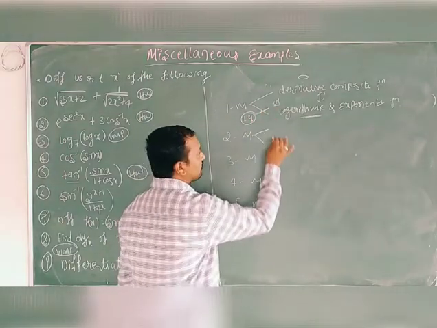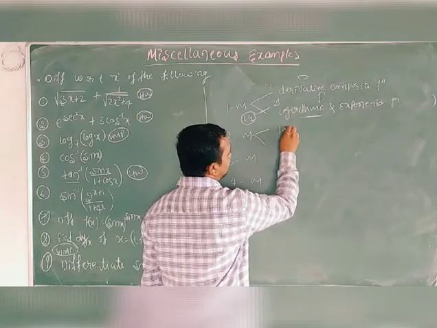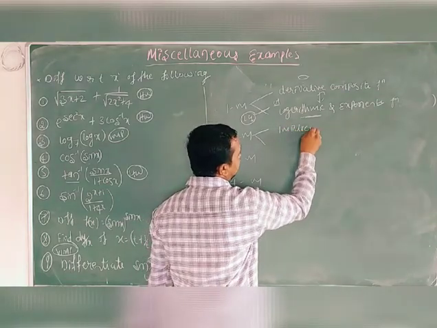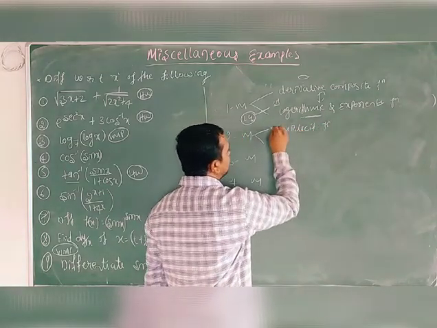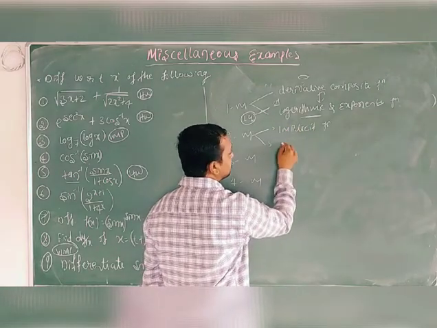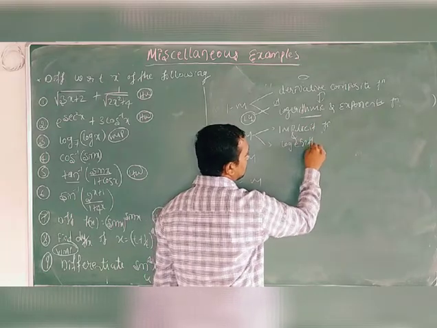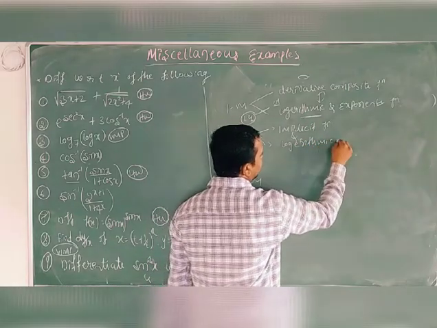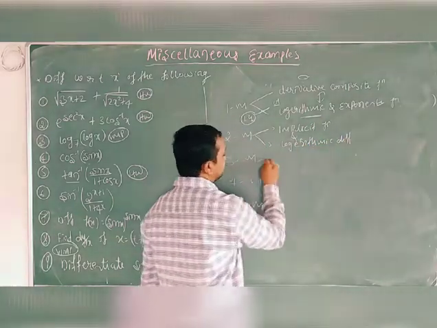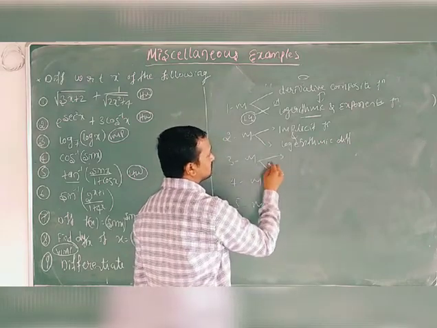For 2 marks, one question is coming from implicit function, and another from logarithmic differentiation. For 3 marks, there are 2 concepts and 2 questions.